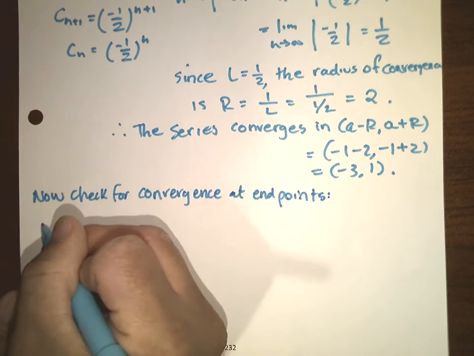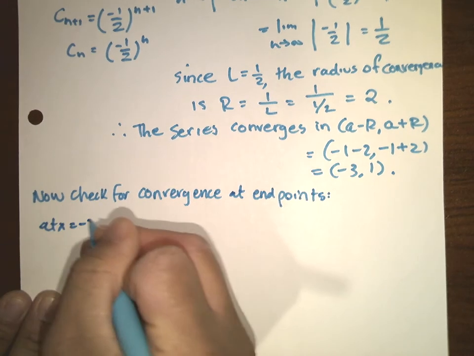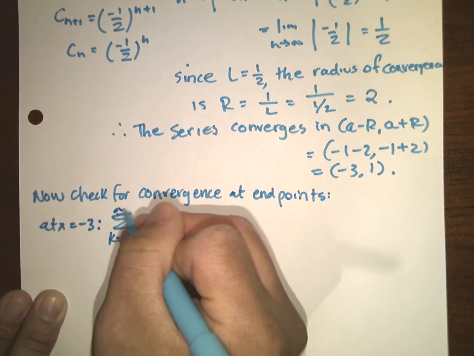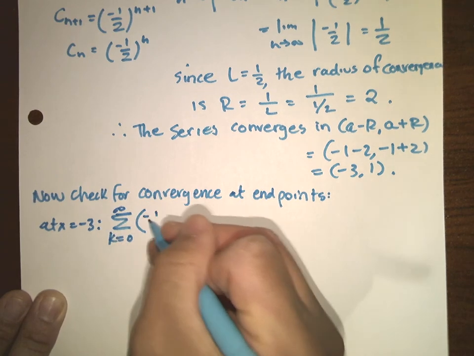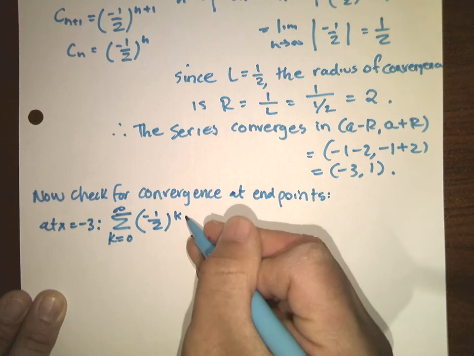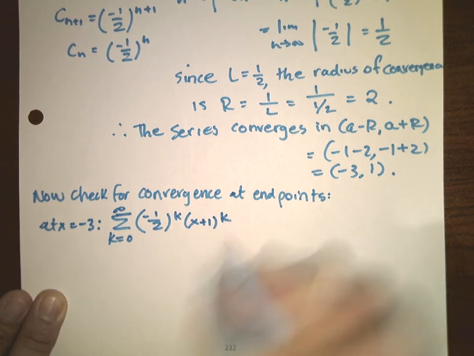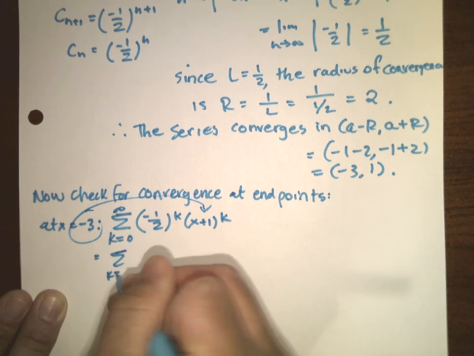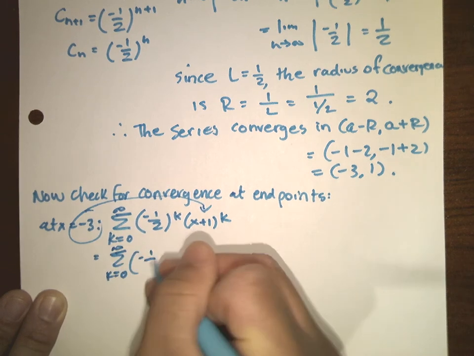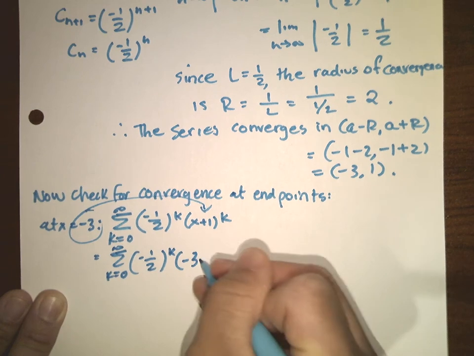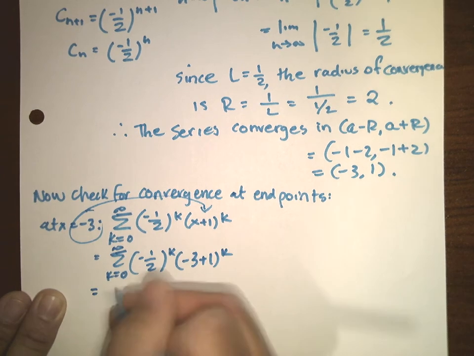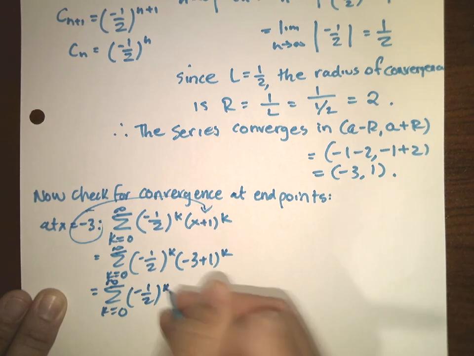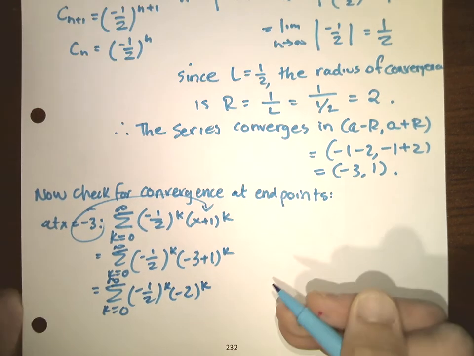So at x equals -3, remember that the series was the sum from k equals 0 to infinity, and I wrote it as (-1/2) to the k, times (x plus 1) to the k. So if x is -3, I have the sum from k equals 0 to infinity of (-1/2) to the k times (-3 plus 1) to the k. So that's the sum of (-1/2) to the k times (-2) to the k.